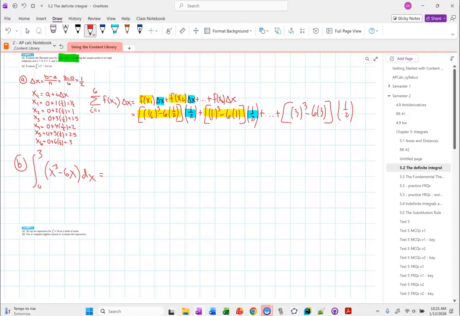So now I'm going to use this to go backward to the limit of a Riemann sum. So far, so good.